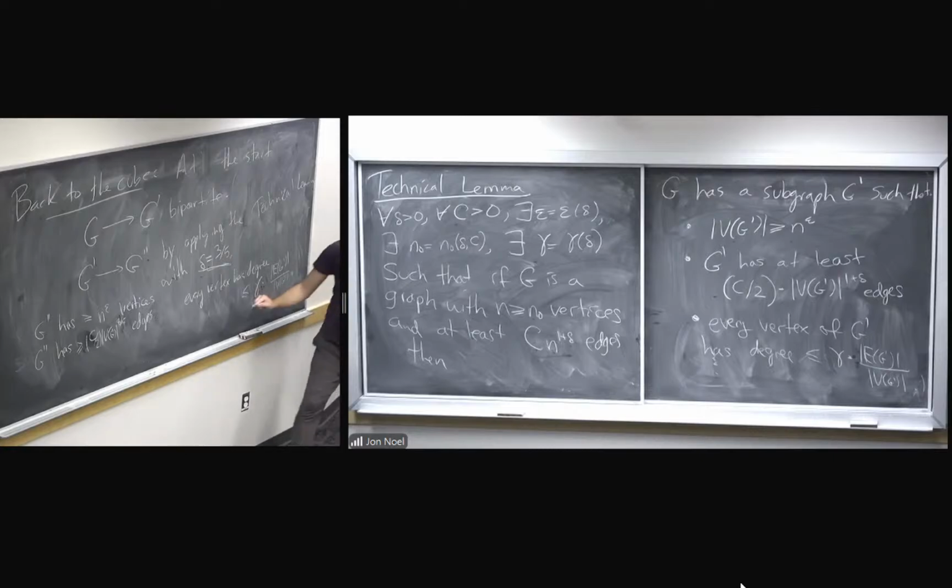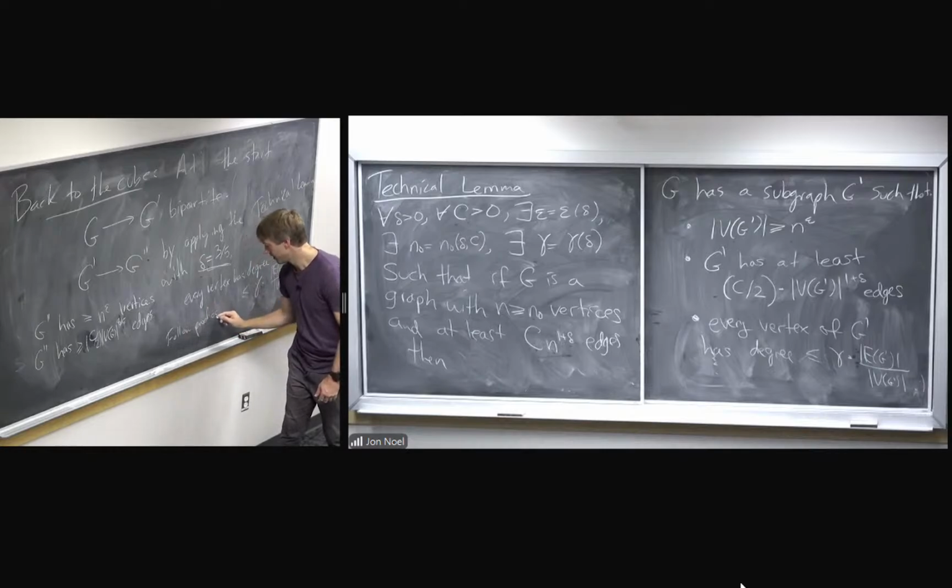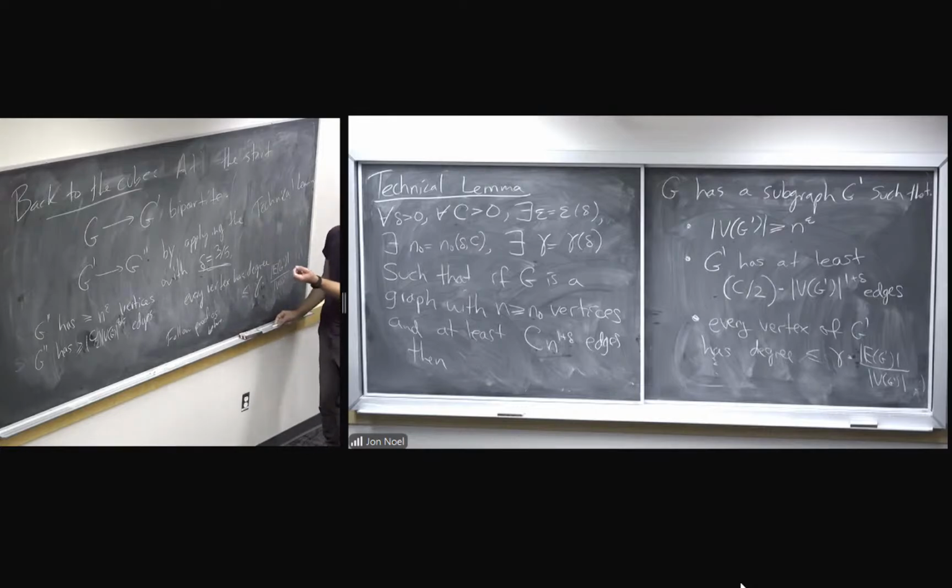So then follow the proof as before, right? Except that we're now dealing with G double prime. So show that G double prime has a lot of 4 cycles. Therefore, there's an edge that's in a lot of 4 cycles. Therefore, if I take that edge, there's a lot of edges in the neighborhood of those 2 vertices.